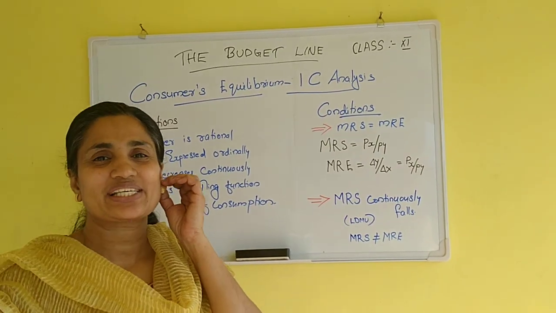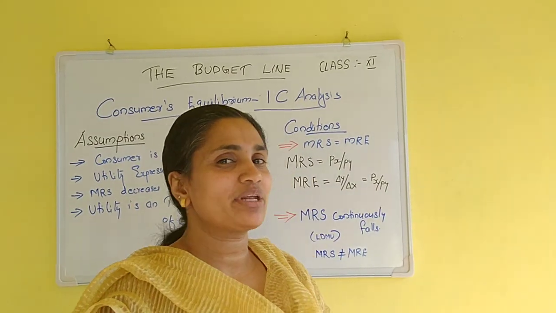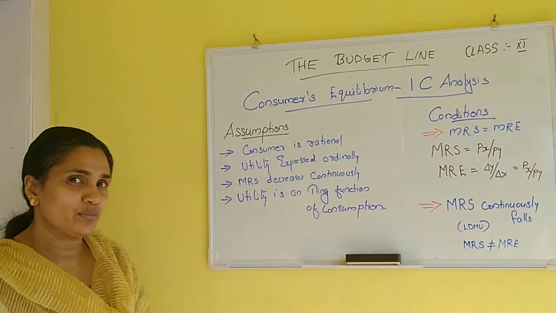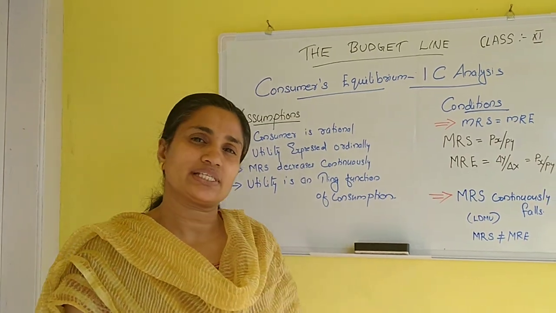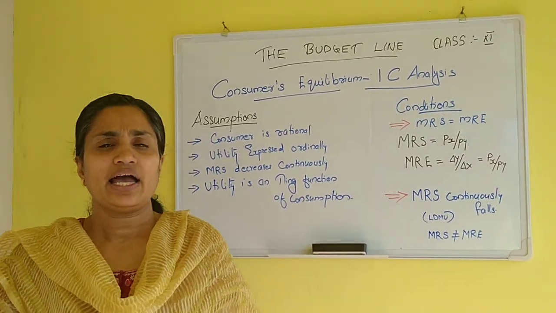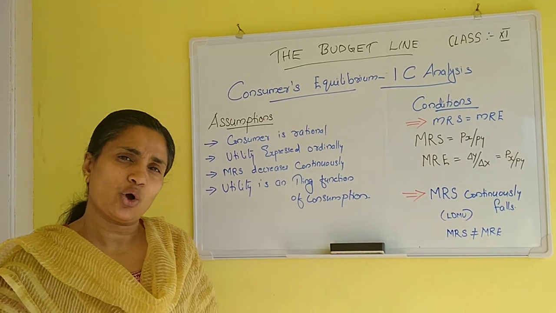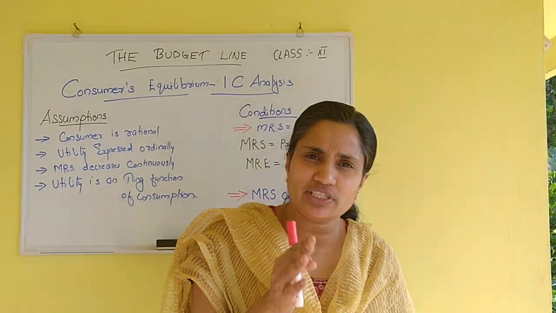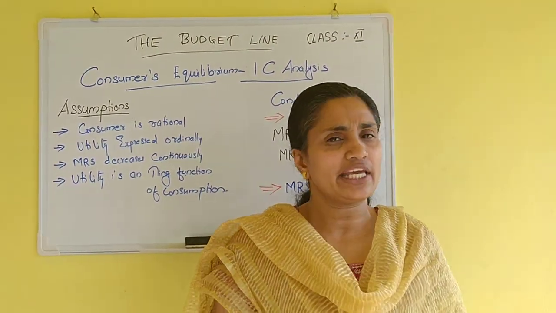Next we need to discuss the consumer's equilibrium under indifference curve analysis. A consumer is a person who consumes various goods and services from the market, and a rational consumer always tries to maximize consumption within the given or limited income.